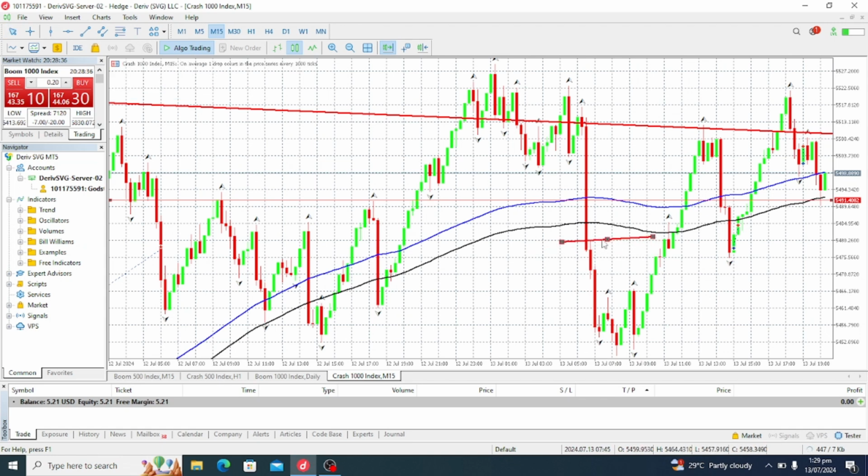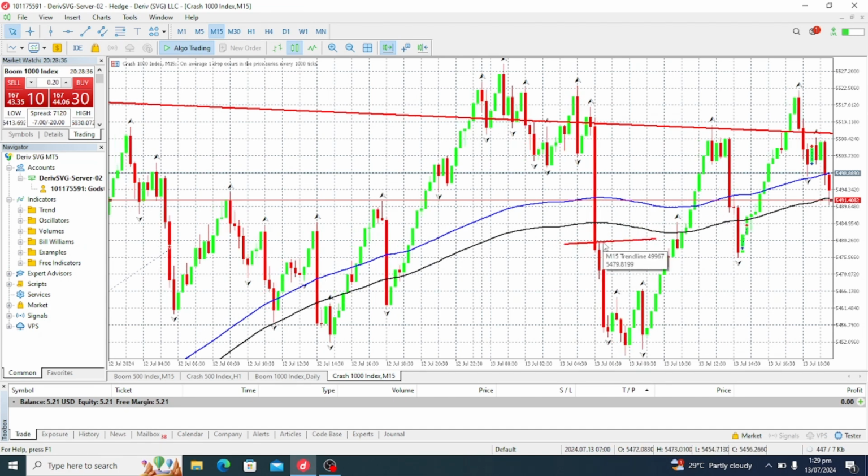The next candle that is opening, take your trade there. Then wait for it to give you three 15-minute candlesticks.